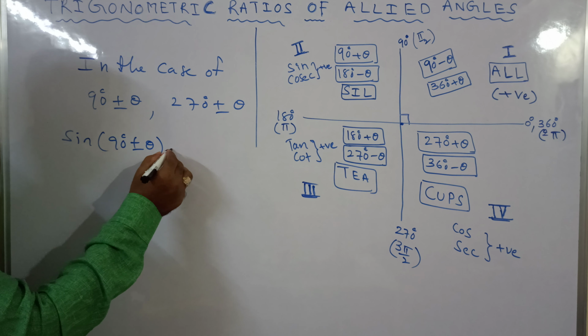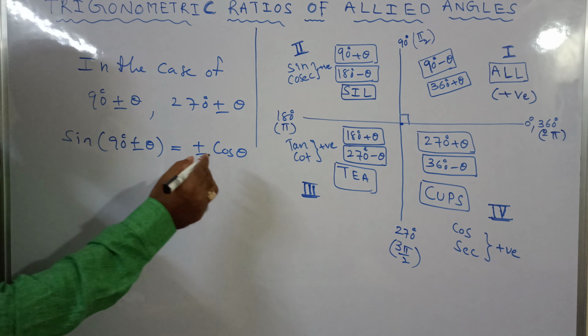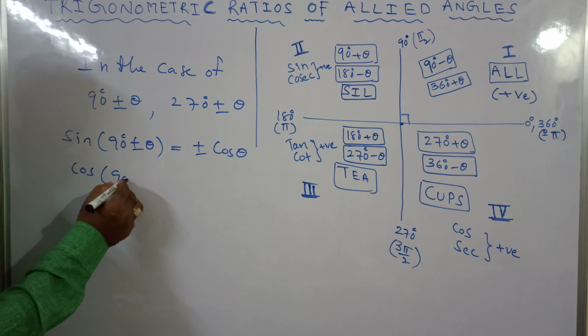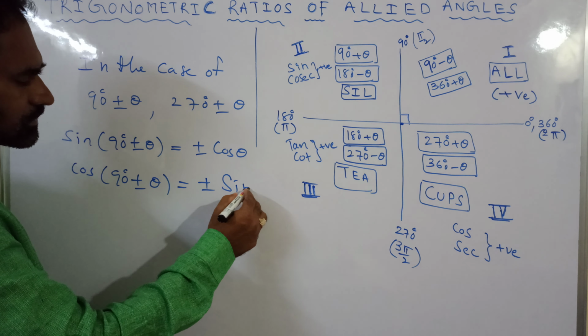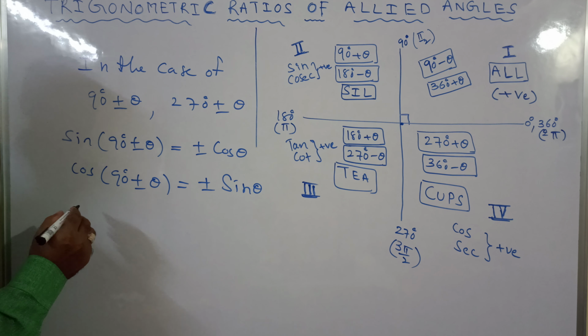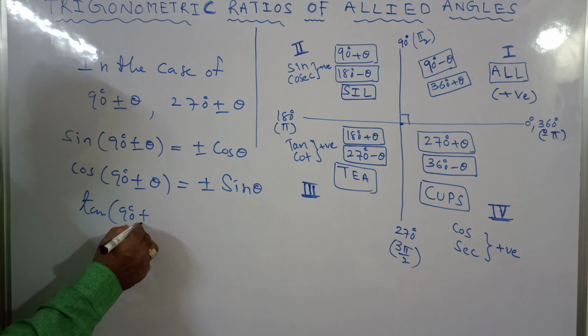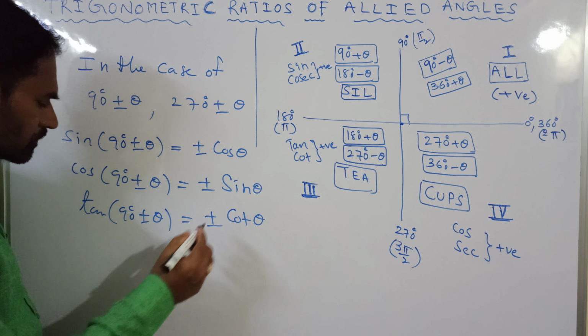minus theta becomes plus or minus cos theta. Sine changes to cos. Next, cos 90 plus or minus theta becomes plus or minus sine theta. Next, tan 90 plus or minus theta becomes plus or minus cot theta.